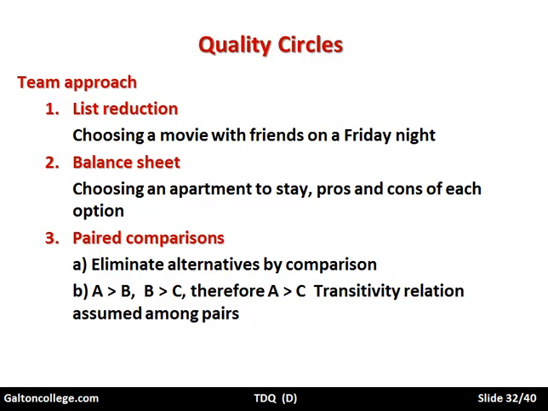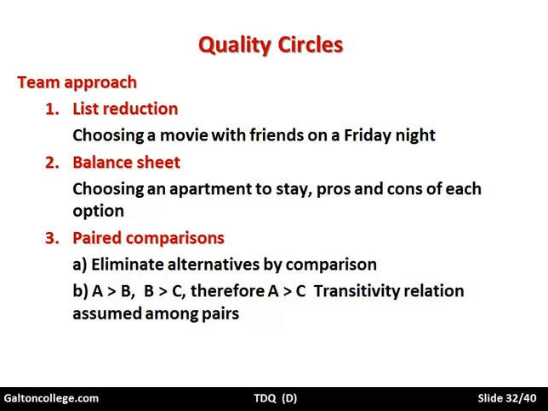And generally we have paired-wise comparisons. Try to eliminate alternatives by comparison. So we compare situations and try to work out which one is best, one compared against the other, and then we compare that against the next one.